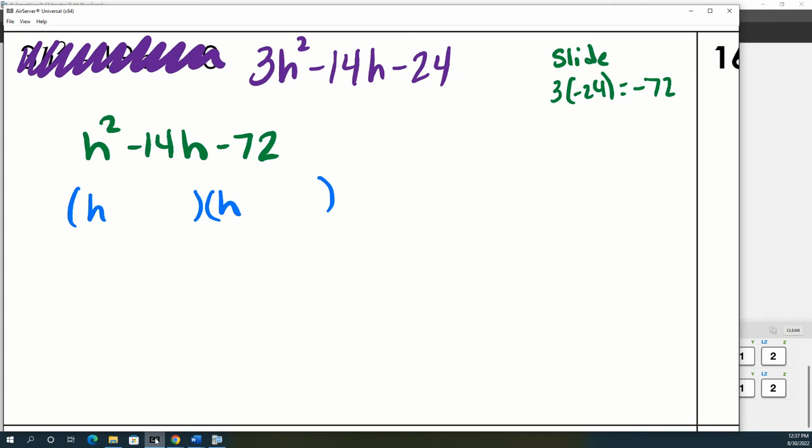All right, then we're just going to factor like normal. We're going to multiply and get a negative. Every time you multiply and get a negative, that's from multiplying a positive times a negative. So we have 1 plus and 1 minus.